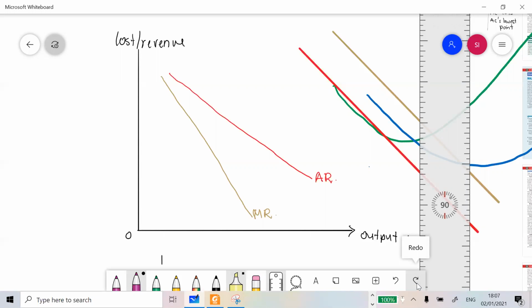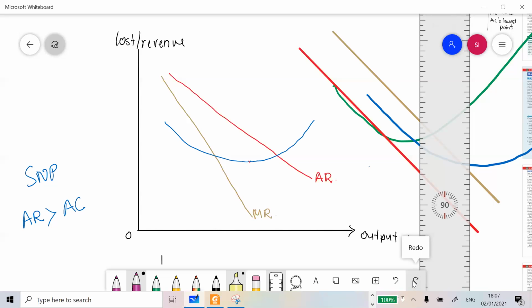Now, let's mark a point where we're going to have the lowest point of the average cost curve and make sure it's below AR, because we are drawing for supernormal profit, where your average cost should be lower than your average revenue. Therefore, your average revenue should be greater than your average cost.